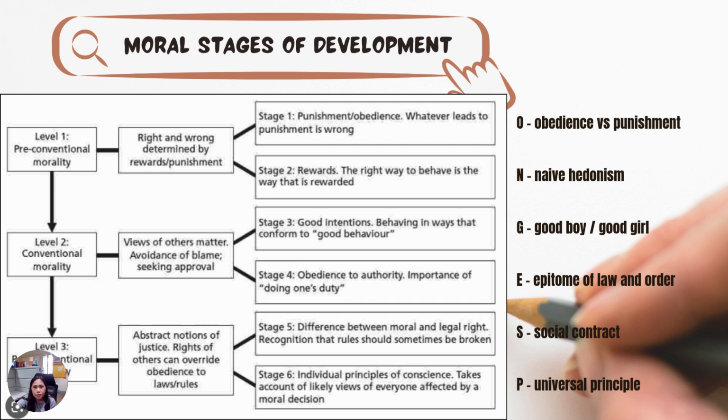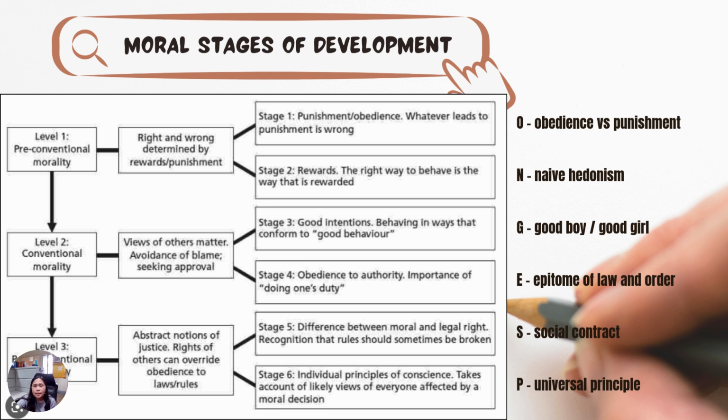Again, two substages in each of the levels. As presented here on the screen, level 1, the pre-conventional morality, consists of two substages. We have here punishment versus obedience, and substage 2, we have here rewards.